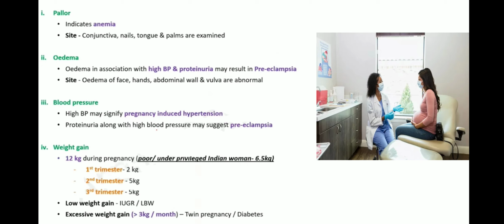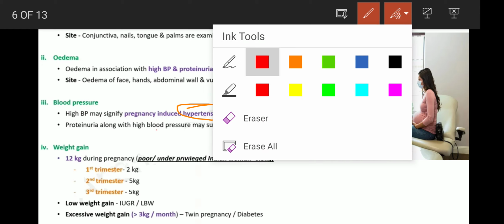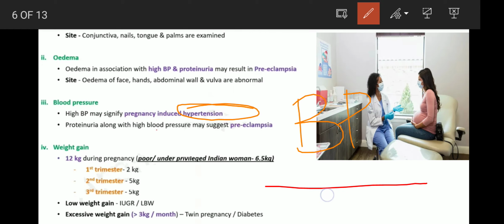Also remember guys, now we are going to discuss hypertension, blood pressure. Okay, how are we going to do it? The blood pressure will be diagnosed in 2 consecutive readings which are taken 4 hours apart.